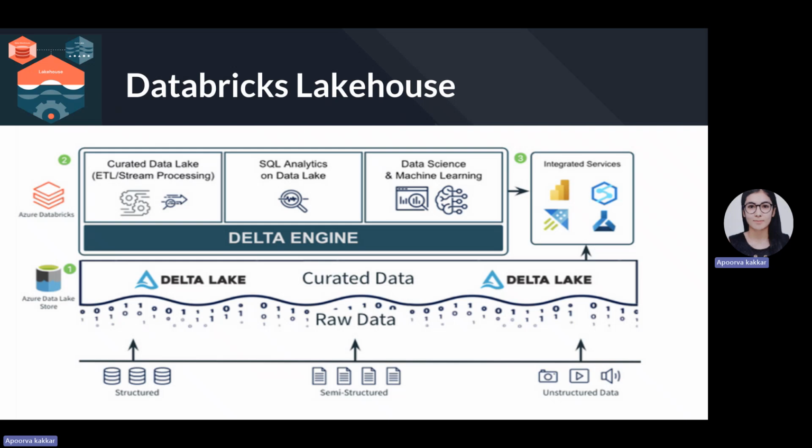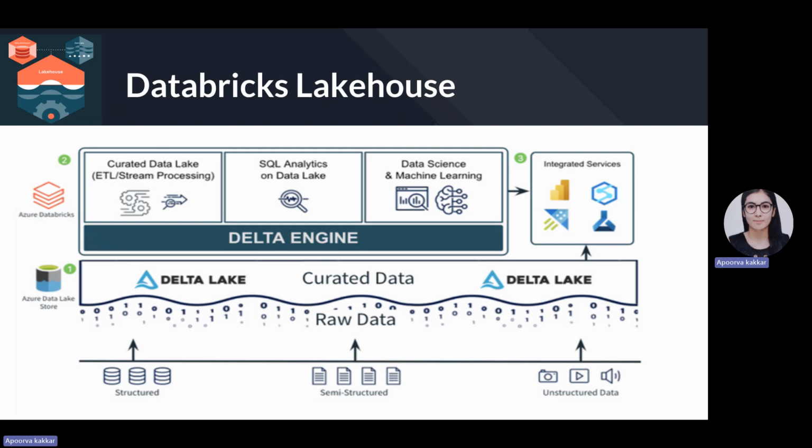So how does Databricks Lakehouse work? This is the architecture of Databricks Lakehouse. What happens in it is that at first ingestion of structured, semi-structured, and unstructured data takes place inside the Databricks Lakehouse. And the raw data from these is stored in Azure Data Lake Store or some other cloud-based storage platform.